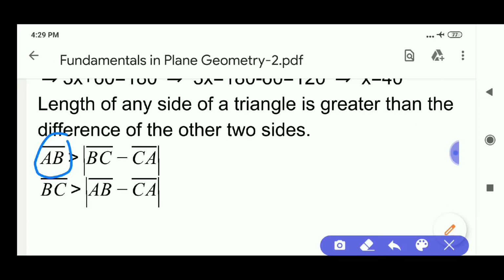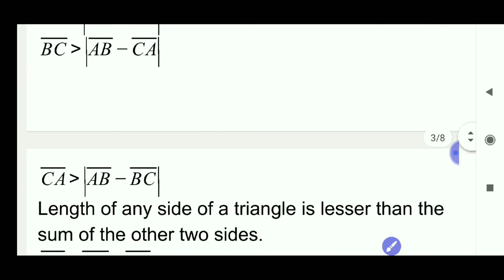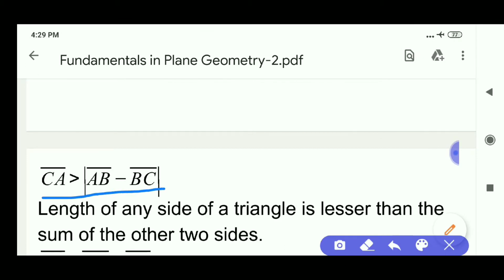That means mod of BC minus CA. Similarly, BC is greater than mod of AB minus CA, and side CA is greater than mod of AB minus BC.